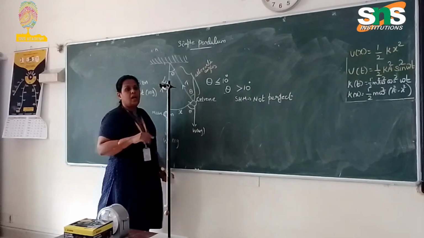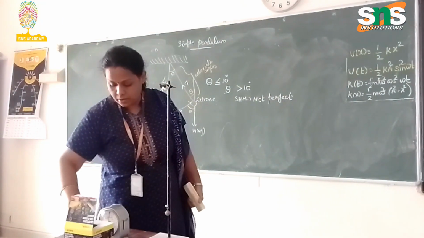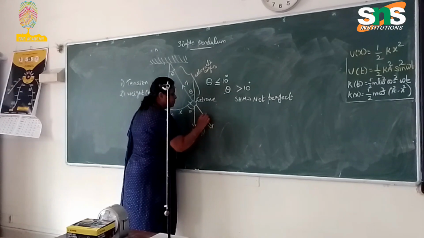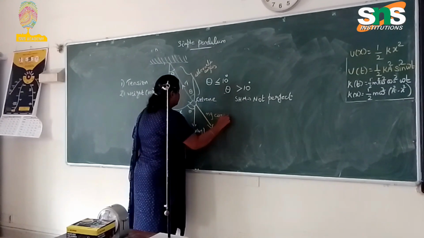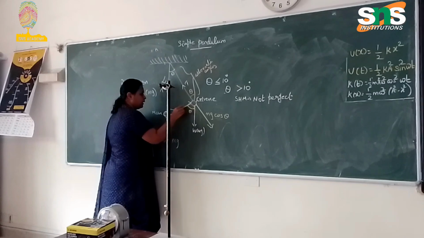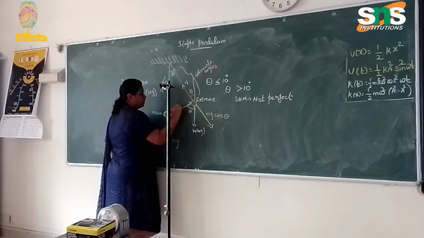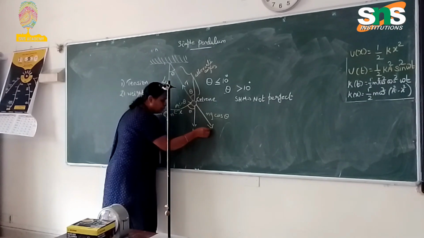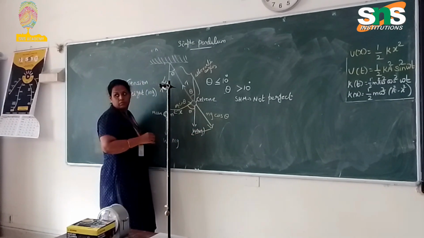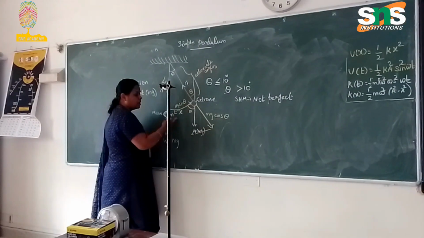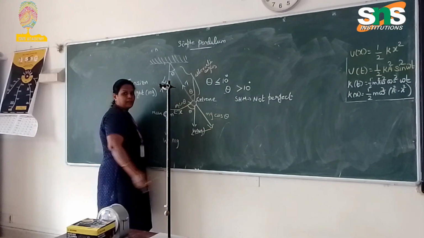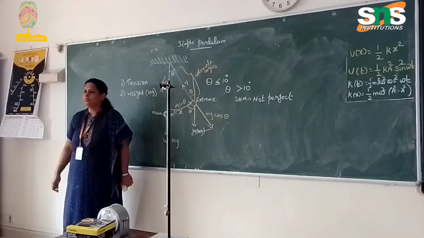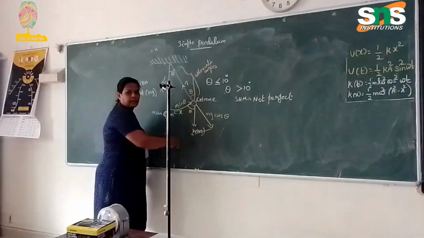So I am going to resolve this W into two components. This is my mg cos theta and this is my mg sin theta. You can write sin theta here also, otherwise you can write it here. Both are the same. Which one will be convenient for you? Here or here?